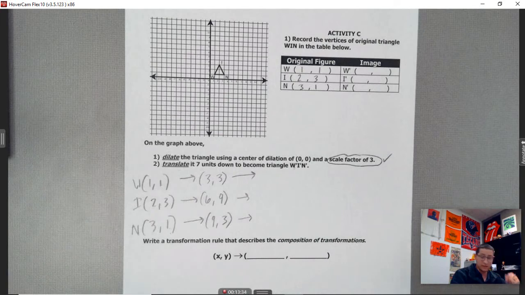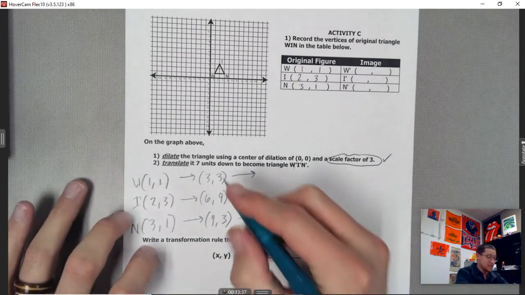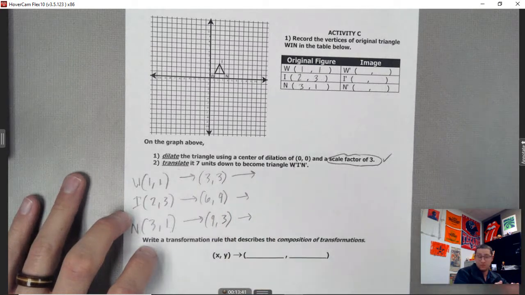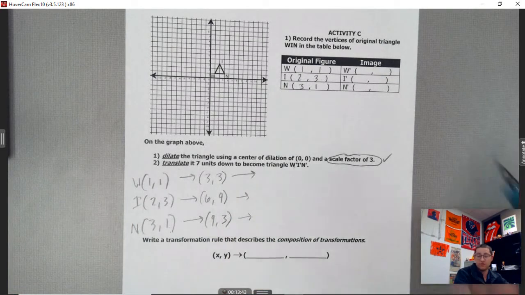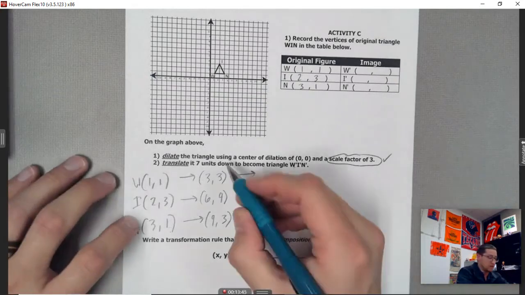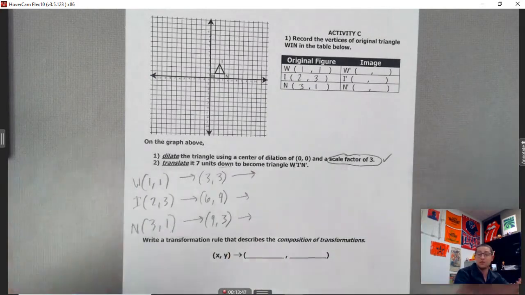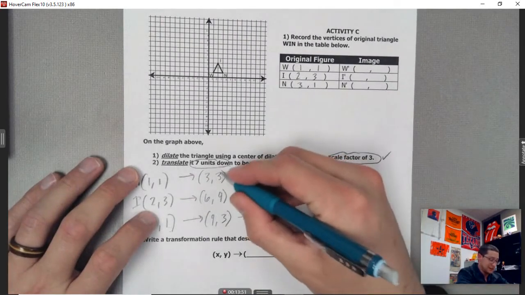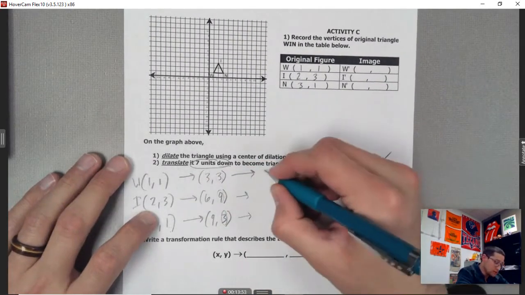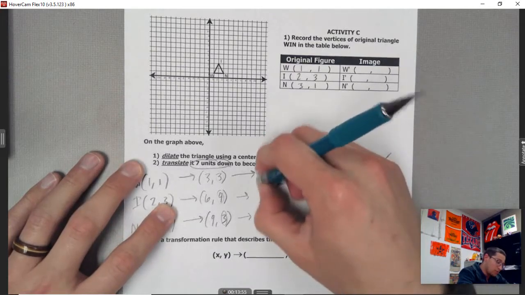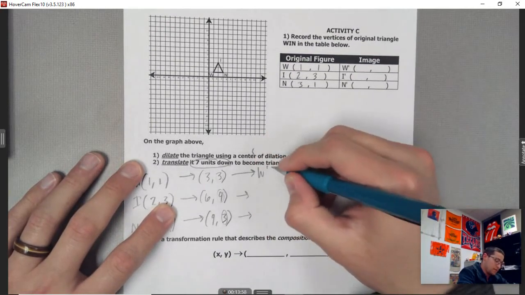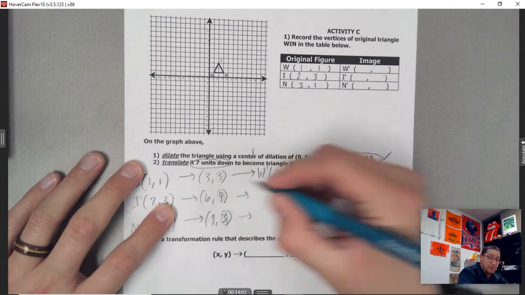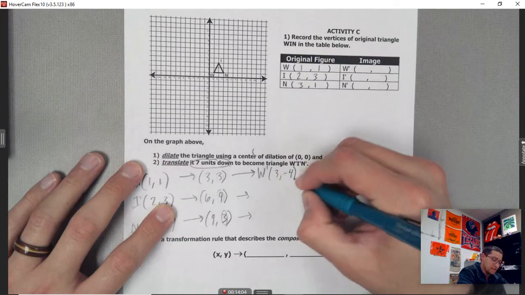So translating the 7 units down, we got to think, does that affect the x coordinate or does that affect my y coordinate? Translation down will always affect your y coordinate. Is that positive or negative when we're going down? That's going to be negative. So we're going to be subtracting 7 units from my y coordinate. Okay, so I've got W prime, that's going to give me 3, comma, 3 minus 7. 3 minus 7, that's negative 4.